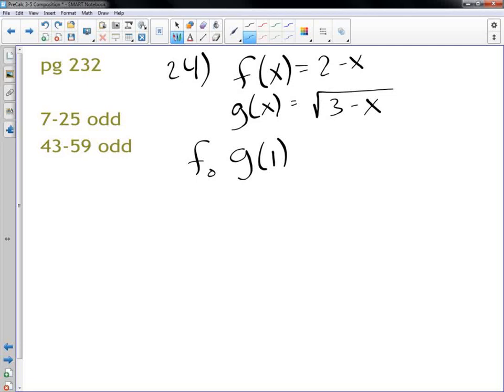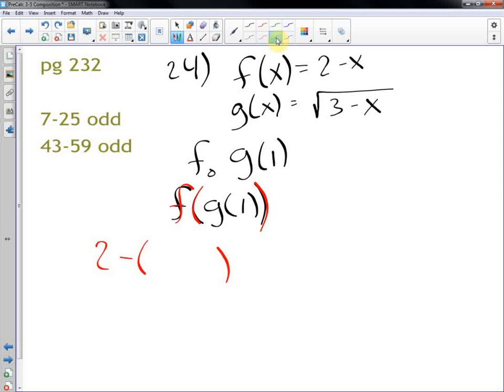Yeah, so this is the same thing. The other way you can write this is f of g of 1, right? Those make sense. All right, so I'm going to do it two different ways, okay? The first way is the way that we just talked about, where I'm going to take my outside part, which is 2 minus, and write down everything except for what? Parentheses. 2 minus parentheses. I want to give myself enough room that I can write large parentheses, okay?